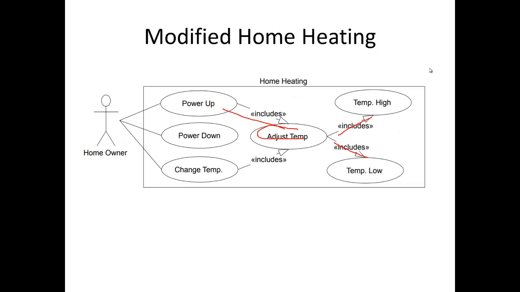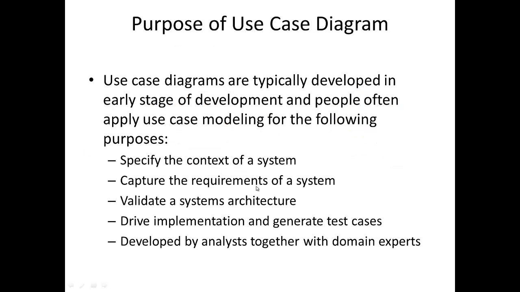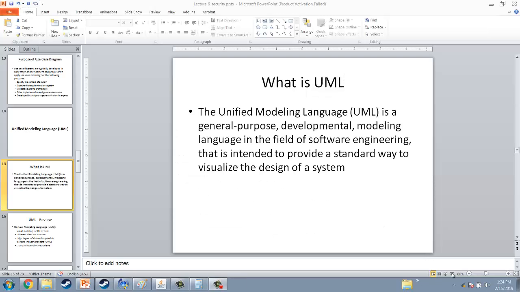But if you just use a simple use case diagram, that makes it very clear. Also, it is used to validate a system architecture. Also, the purpose is to drive implementation and generate test cases. As we talked about in previous lectures, when you test a system, you need to create test cases. You can use the use case diagram to generate test cases.